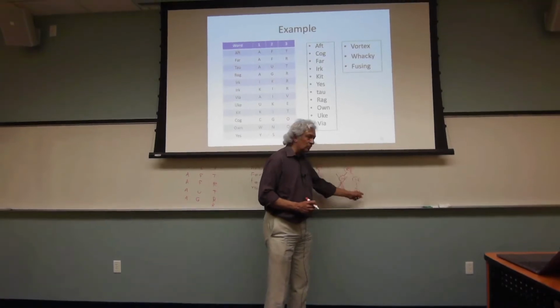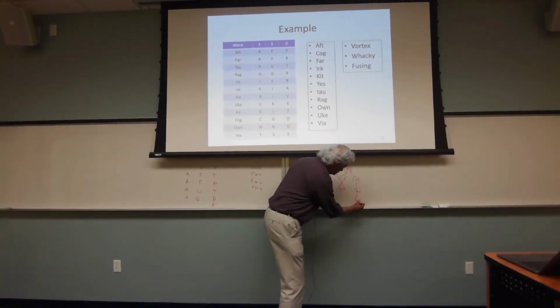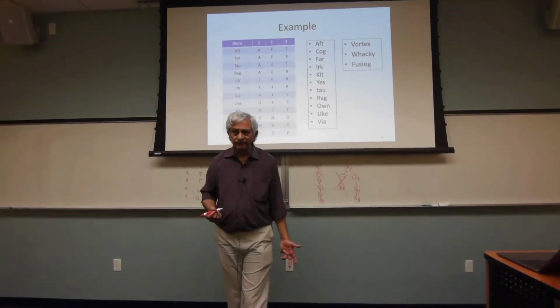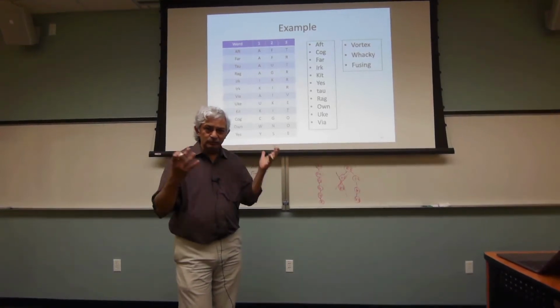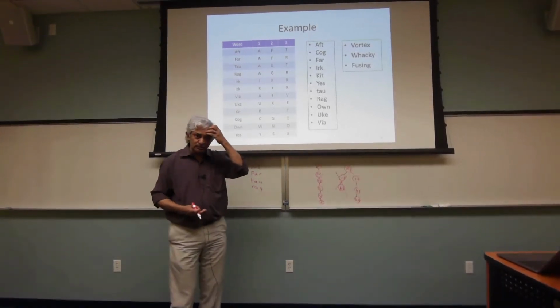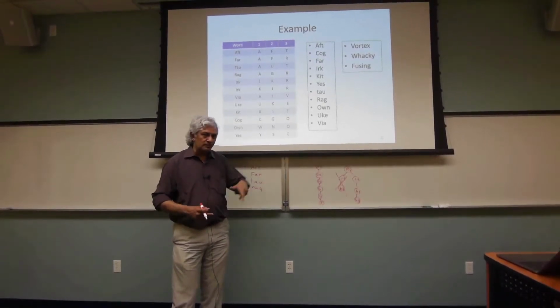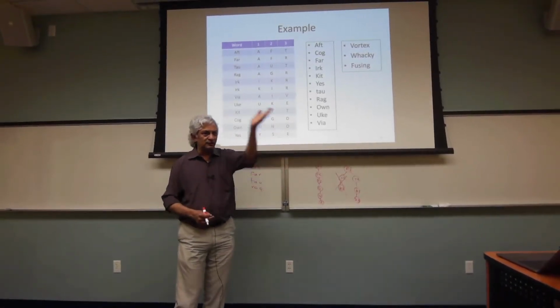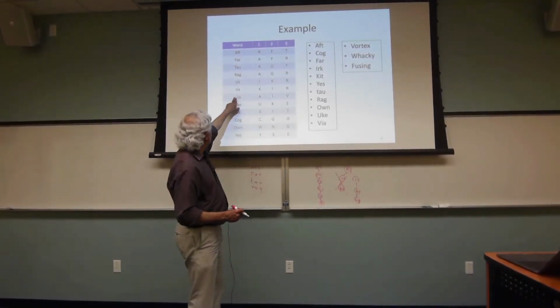So therefore, this is your only option, and therefore V has to be color 3. Okay? So you end up throwing away some branches in this process, and you'll chop off some branches and continue searching. So we've now taken care of VIA.